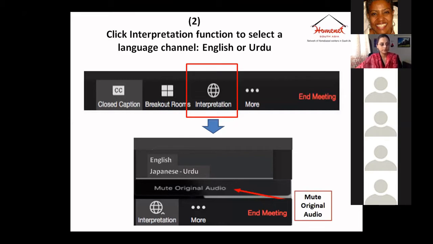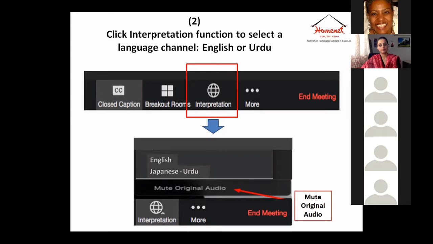Once you select the language, there's also another important function that you need to click. That is the mute original audio. It's located right below the language options. What this does is that it allows you to mute the other audio channels so you will hear only either English or Japanese. If you do not select this feature, both audio channels will remain active.